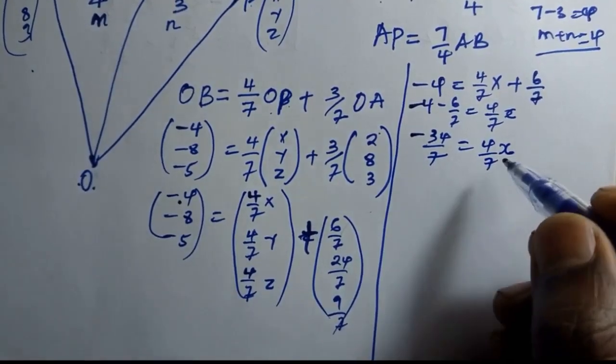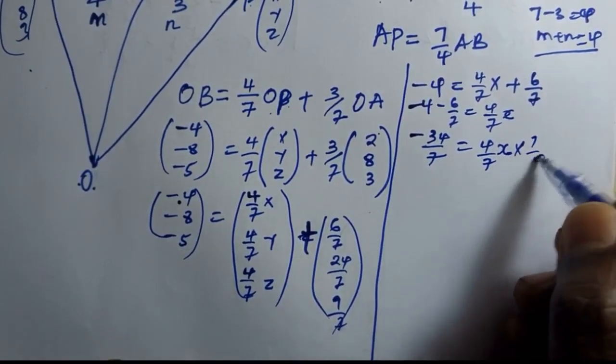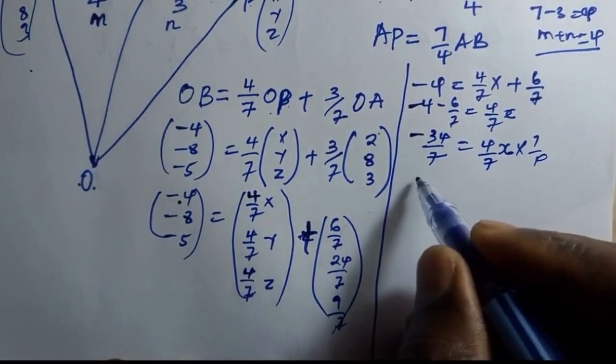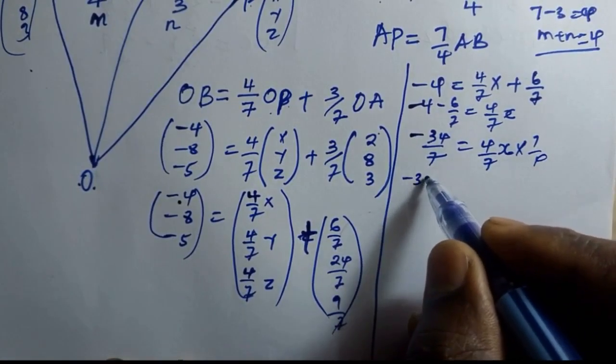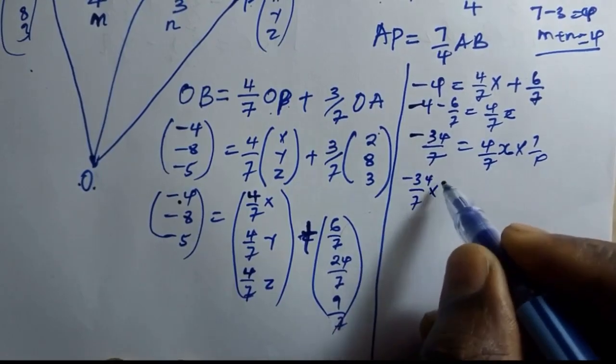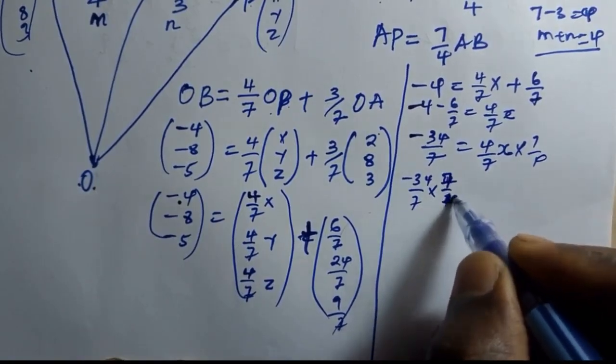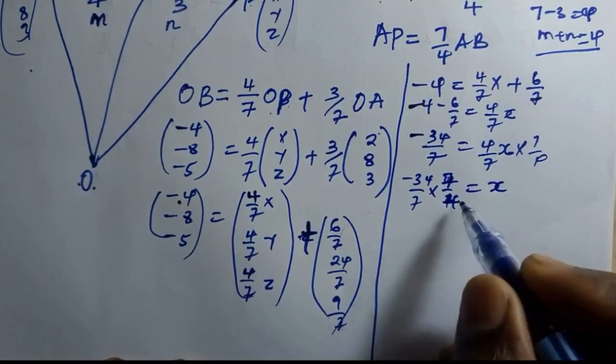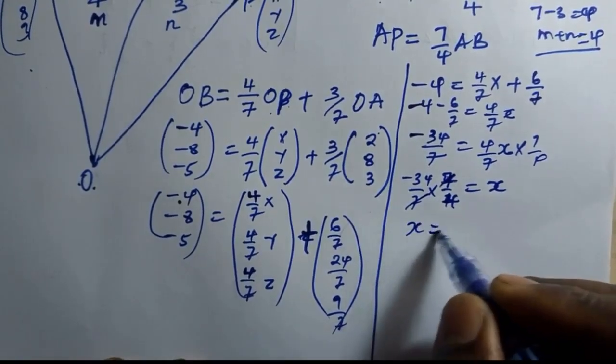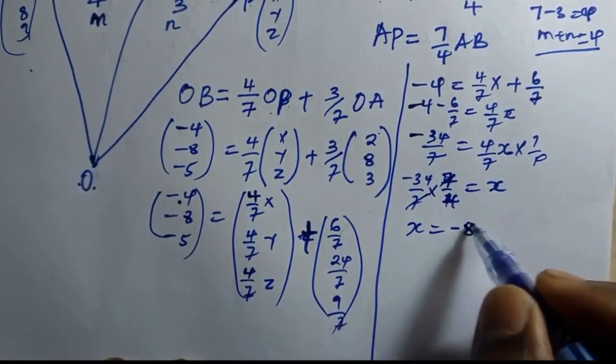So multiply times the reciprocal, 7 over 4 both sides, 7 over 4. So negative 34 over 7 times 4 over 7 times 7 over 4, that is the value of x. So x utapata ni negative 8.5.